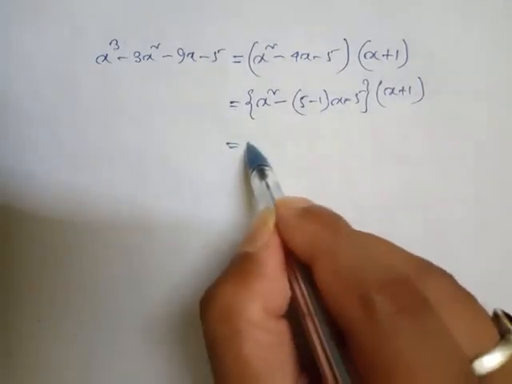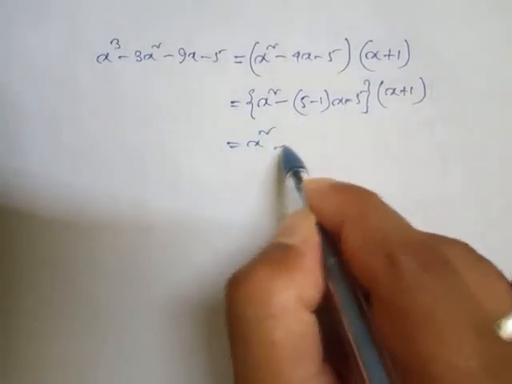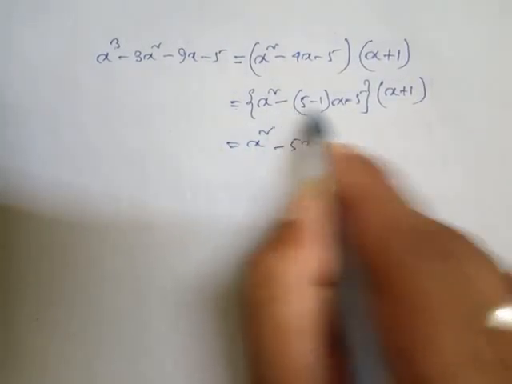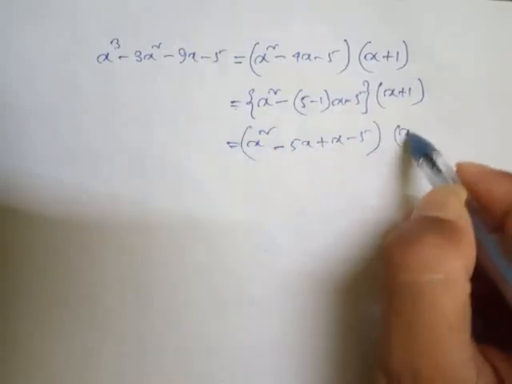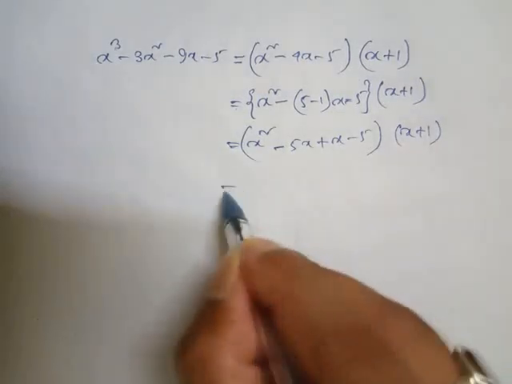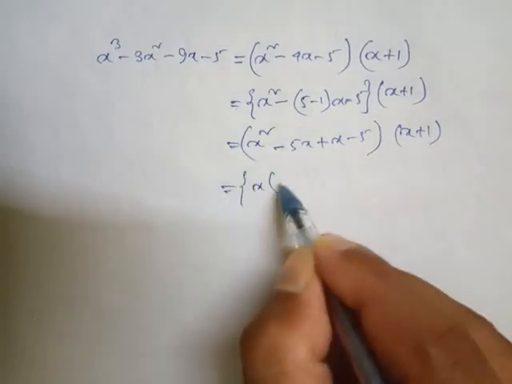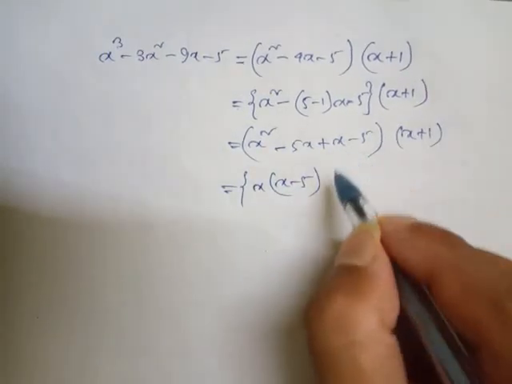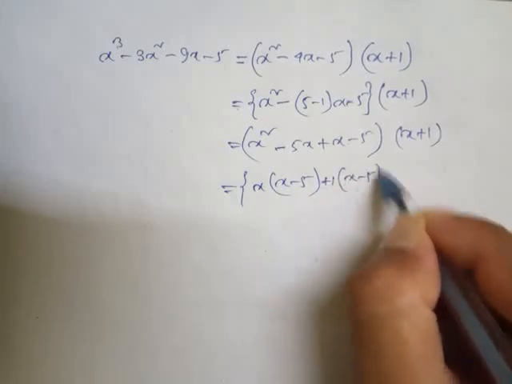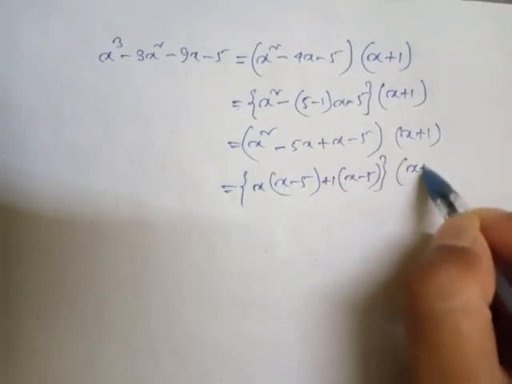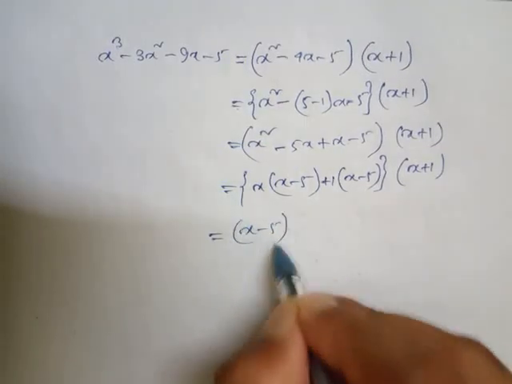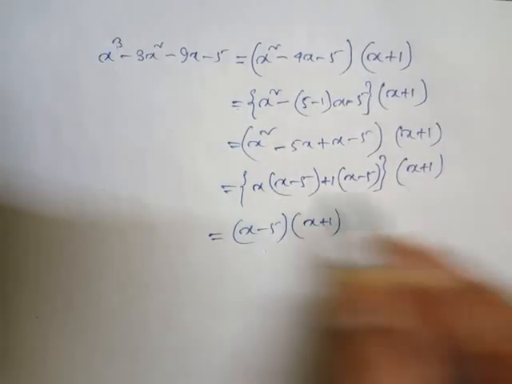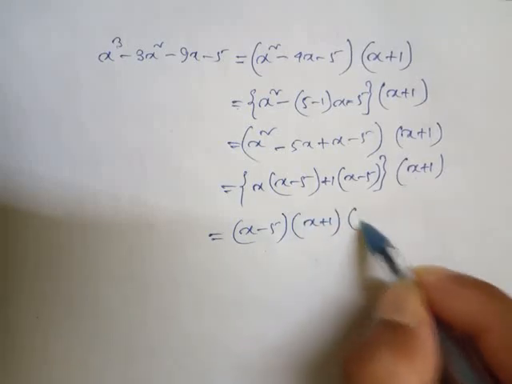Now look, x square minus 5x plus x minus 5, then x plus 1. Now after that, x times x minus 5, plus 1 times x minus 5, then x plus 1. Now look, after that, x minus 5, then x plus 1 here, and this is also x plus 1.